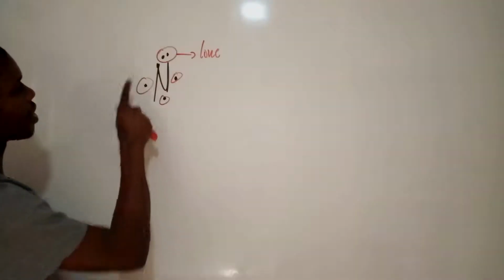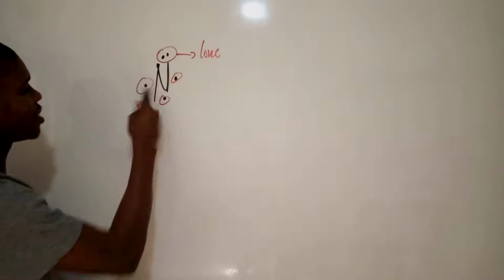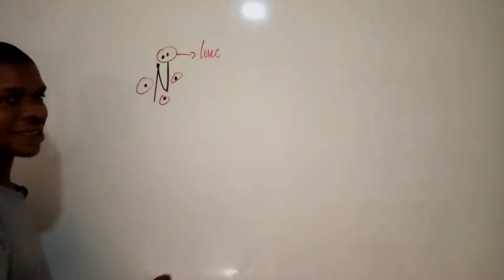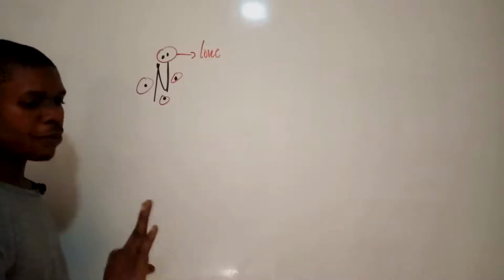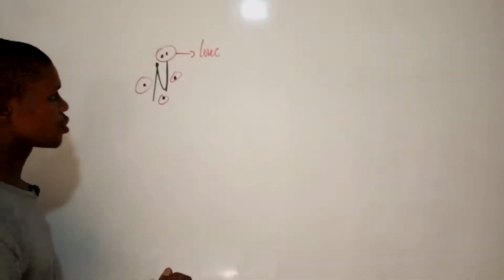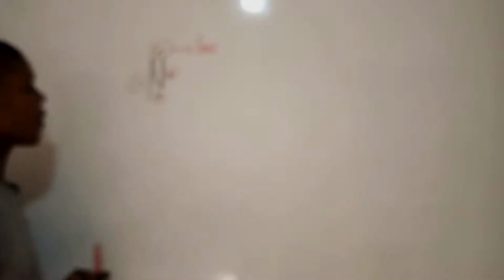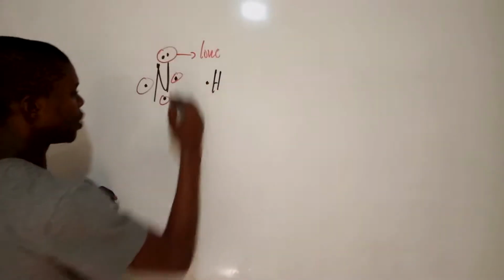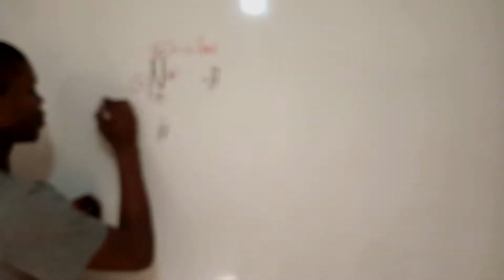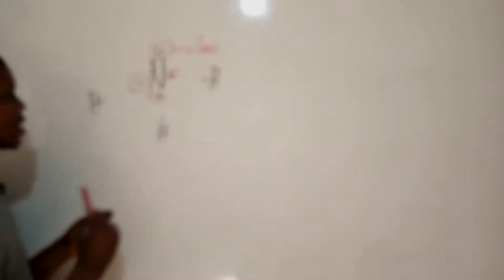So if I ask how many electrons does nitrogen need to form the octet? It needs 3 more electrons to form the octet, which is 8 electrons. So it means it can bond with 3 hydrogens. One hydrogen can come here and bond with it, one hydrogen can come here and bond with it, and one hydrogen can come here and bond with it. So what happened here?